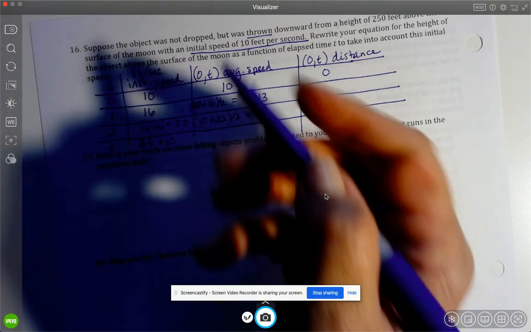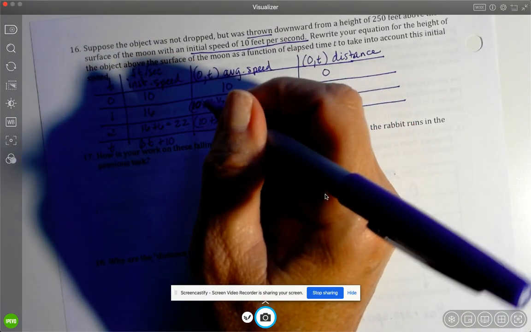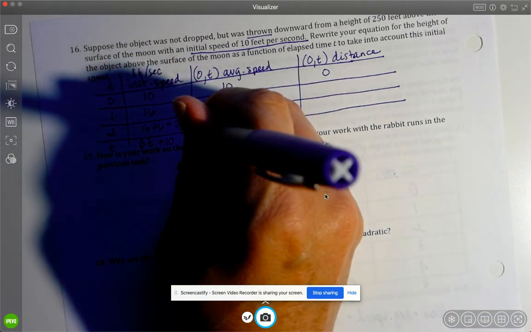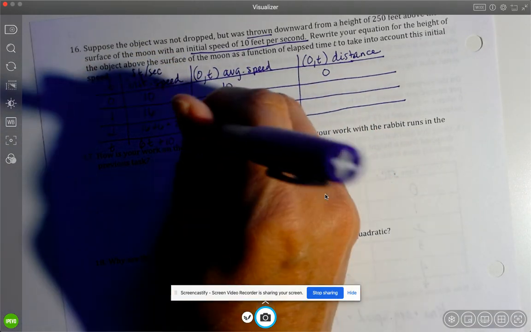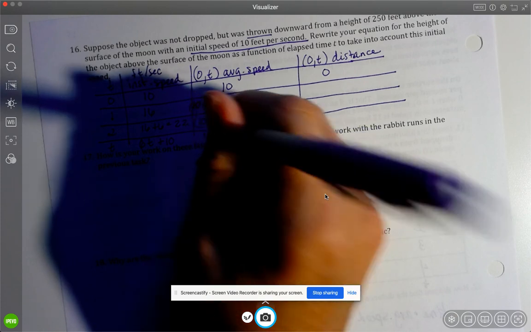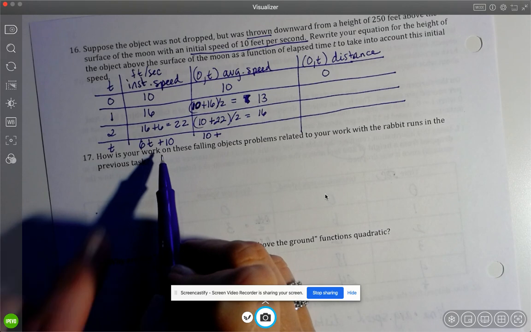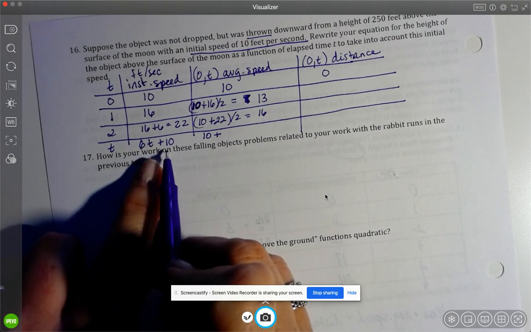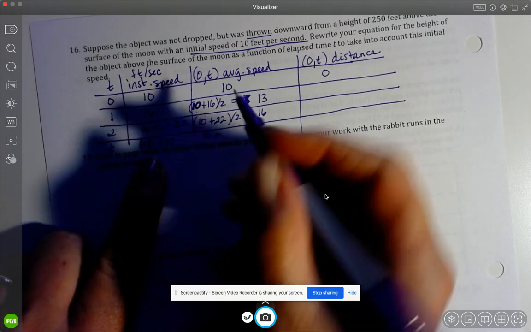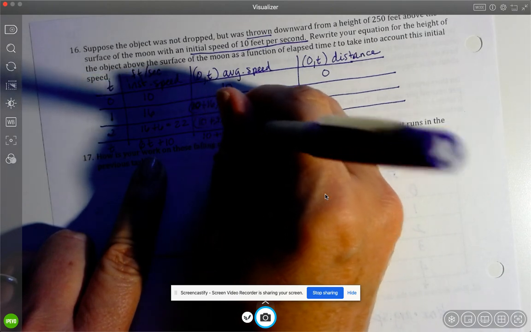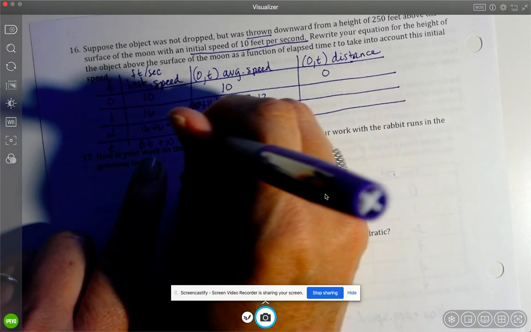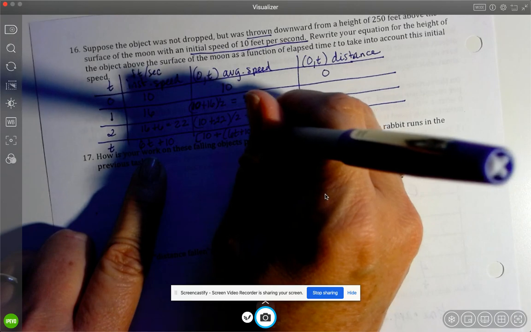And then I had to do the average, 10 plus whatever the instantaneous speed was, which in this case is 6t plus 10, and then all of that divided by 2.